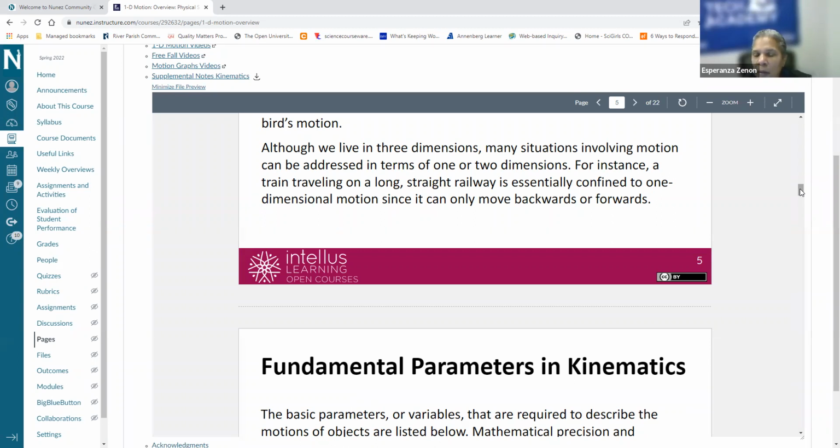So when we say one dimension, we mean things like left and or right, up and or down, forward and or backwards, those kinds of things, along a straight line. Okay, so we're looking at, in essence, the kinematics of an object that's moving linearly in a straight line.